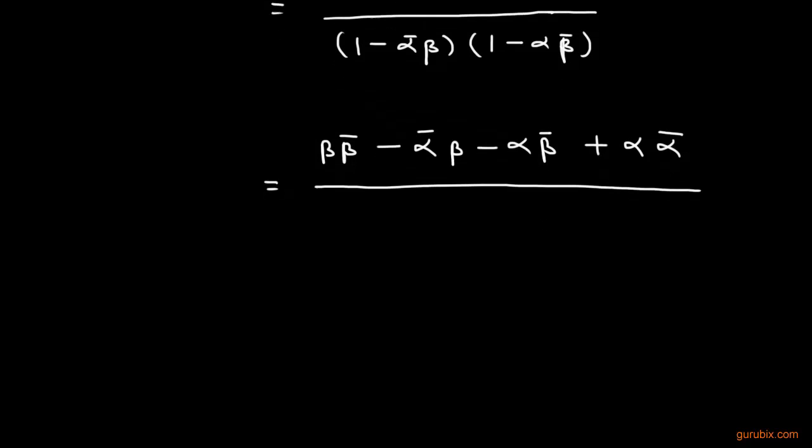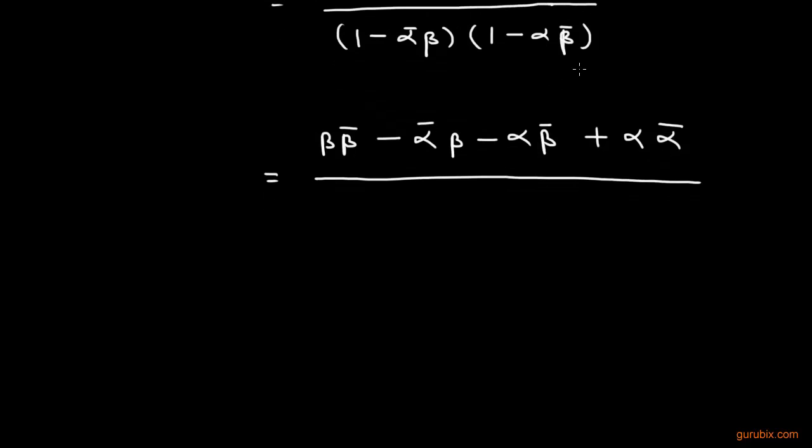In the denominator, we get 1 minus alpha beta conjugate minus alpha conjugate beta plus alpha alpha conjugate beta beta conjugate.